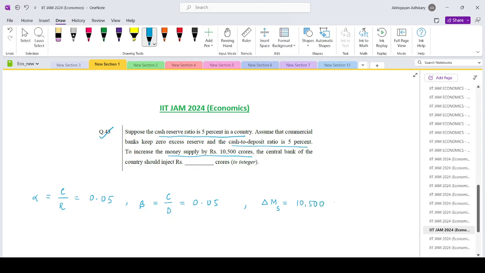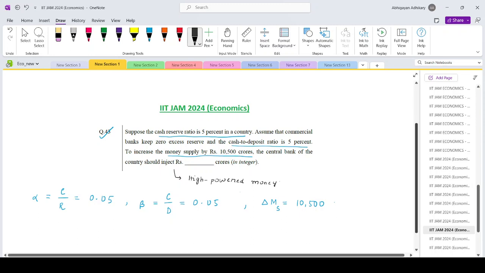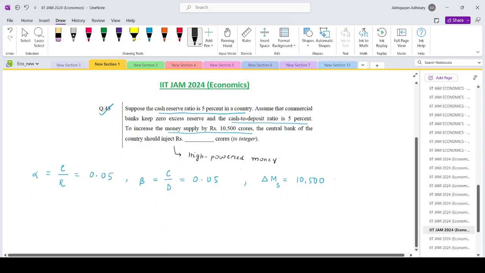The central bank of the country should inject how many rupees? This is basically talking about how much high powered money the central bank should put into the economy.